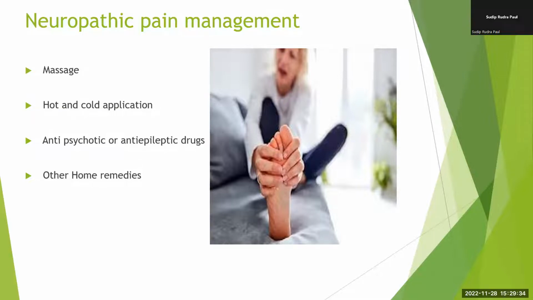If you go to the drug book and see the action of gabapentin, it is basically an anti-epileptic drug, but it also works on neuropathy nicely. So anti-epileptic drugs and antipsychotic drugs, sometimes SSRIs, this kind of drug is also helpful to reduce neuropathic kinds of pain.